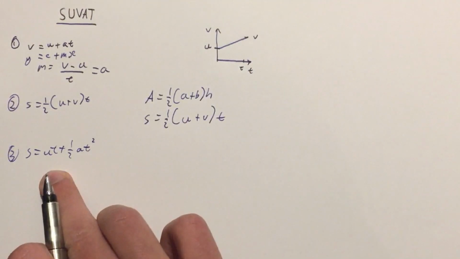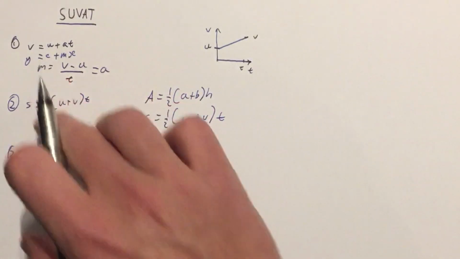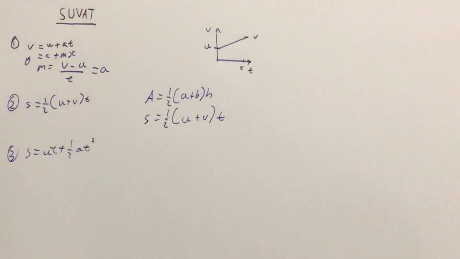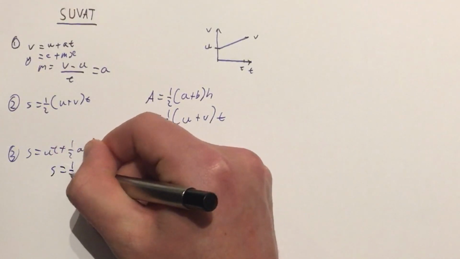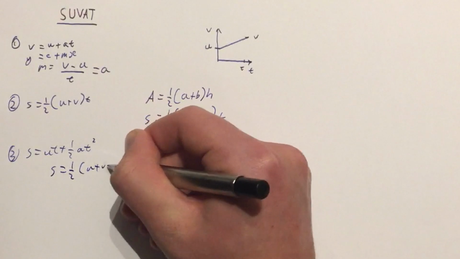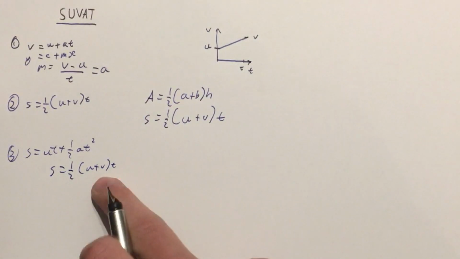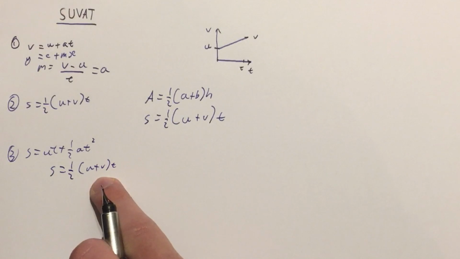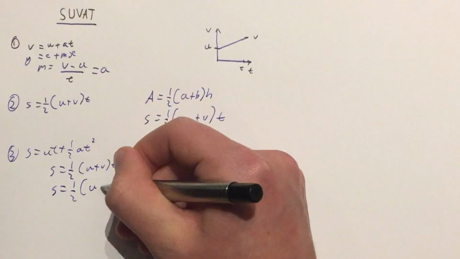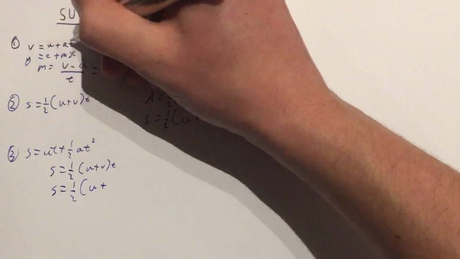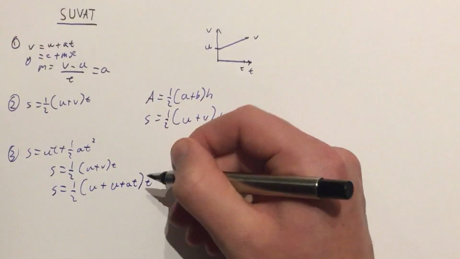You can get this formula from subbing this formula into this one. So if we start with equation 2, where we have s equals a half u plus v t, we can sub in for v. So eliminating v, we get s equals a half u plus u plus at times by t.